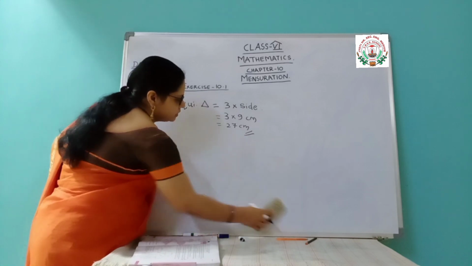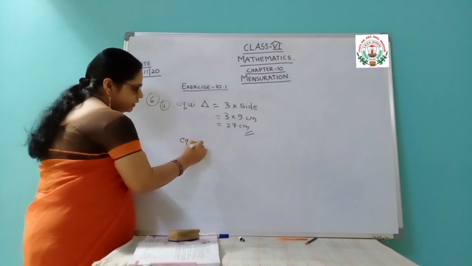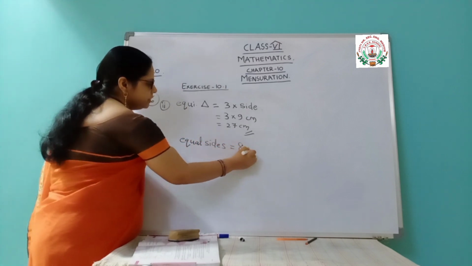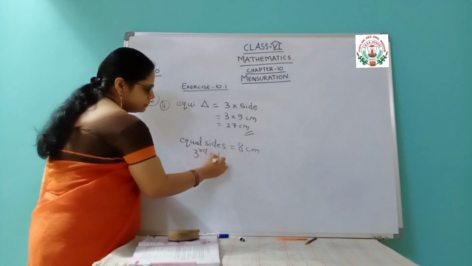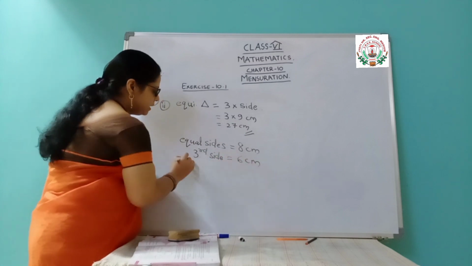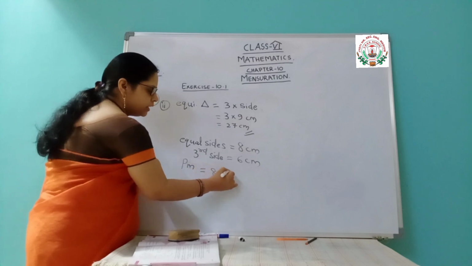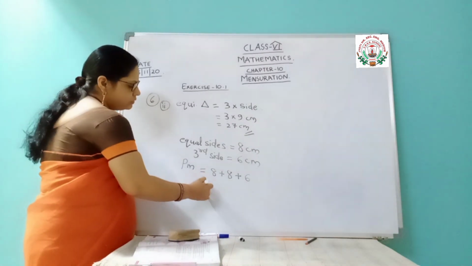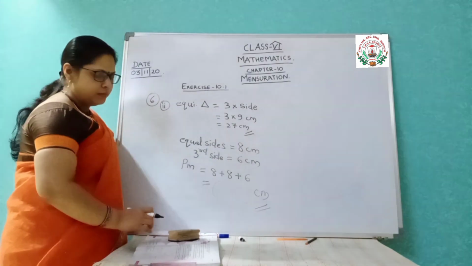So I am just writing and explaining. 2 sides equal, so equal sides are of 8 centimeter, and the third side is 6 centimeter. So perimeter will be the sum of all the sides. That is 8 and 8, 2 times you will take, and 1 time you will take 6. Okay. So just add that, and centimeter, that will be your answer.